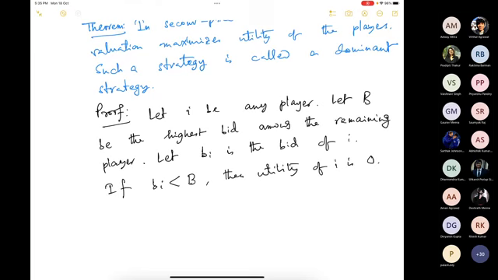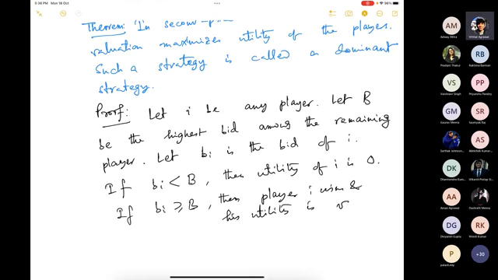On the other hand, if Bi is greater than or equal to B, assume that the tie is broken in favor of i, then player i wins, and his utility is valuation minus how much is the payment?